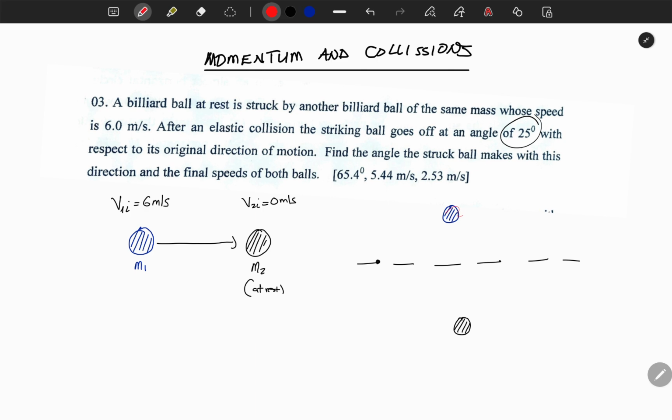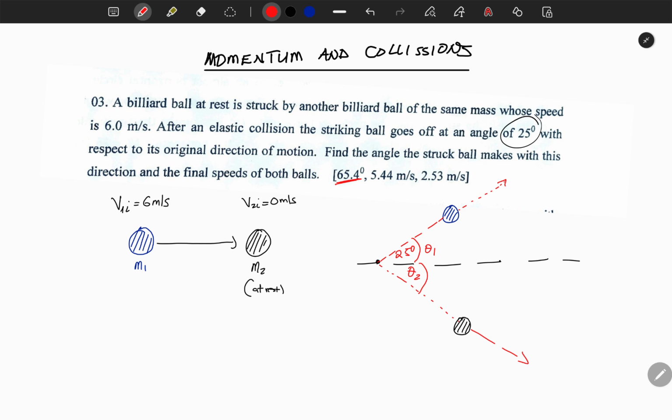After they strike each other, they move like that, and the angle formed by this one is the angle we are saying is 25 degrees. We call it theta 1. But the angle formed by this one, we don't know. It's what we need to find, the one given as 65.4.